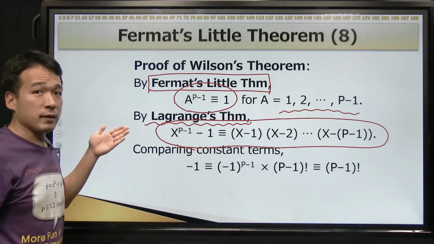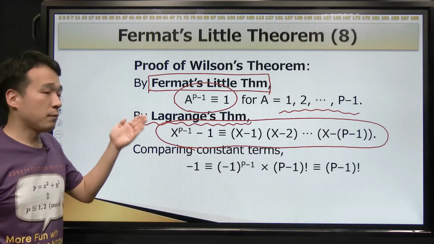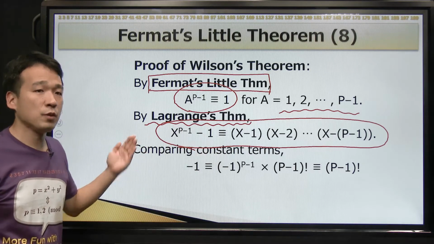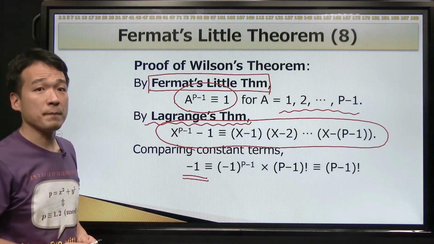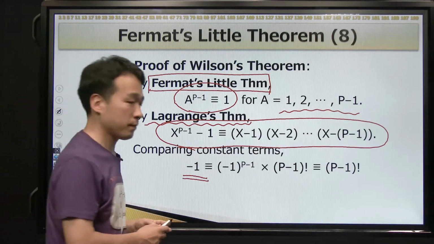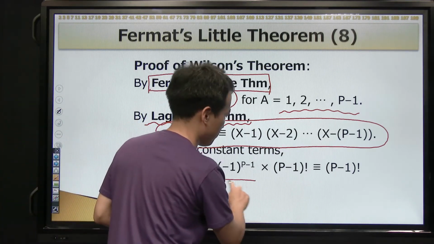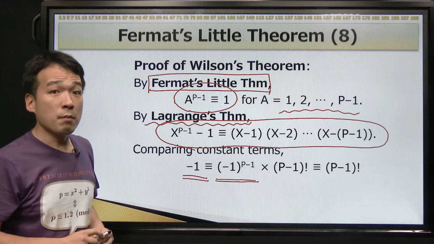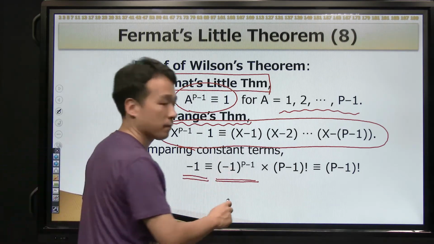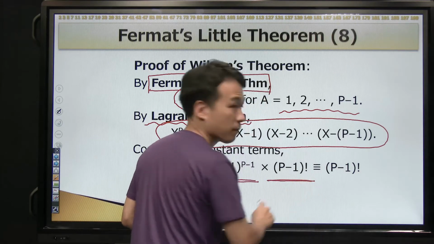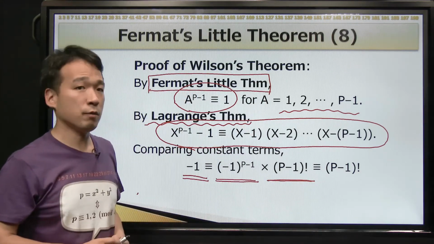Therefore, comparing the constant terms of both hand sides, we see that minus 1 is congruent to minus 1 to the p minus 1 times the factorial of p minus 1.